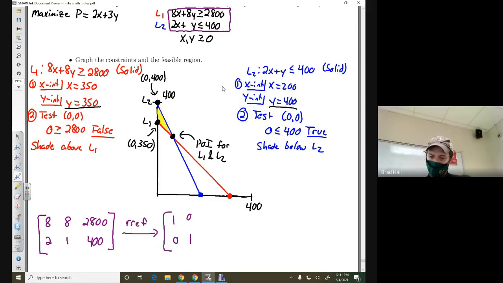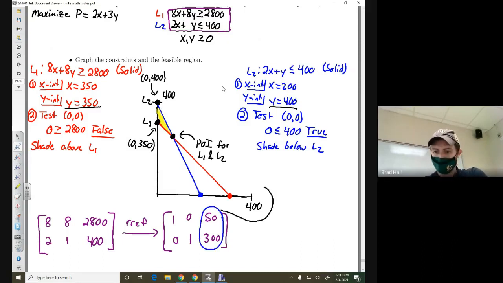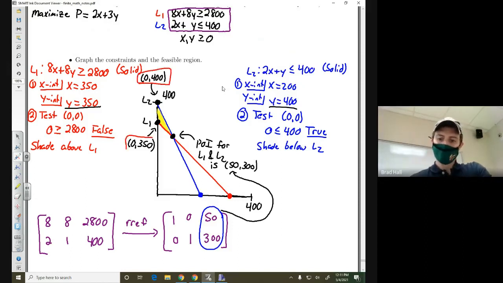Because we're running a little bit low on time, I believe this is 50 and 300. Someone already figured this out? Mm-hmm. All right, 50 and 300, cool. And so that tells us exactly what this final point is. So we have 3 points of intersection.